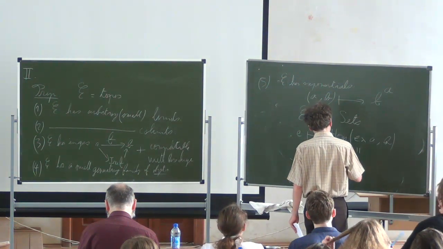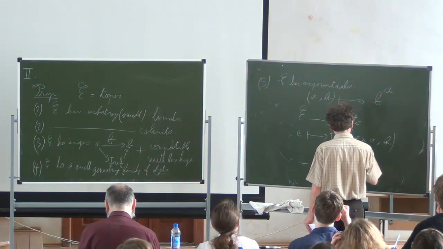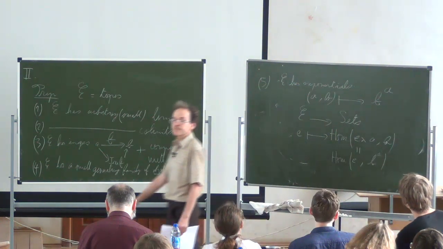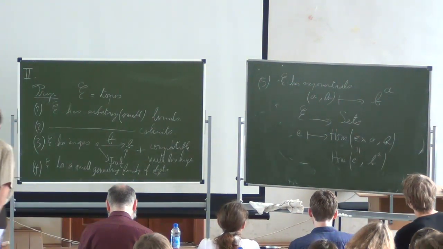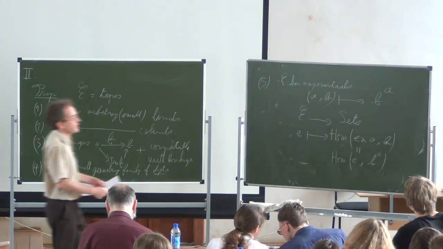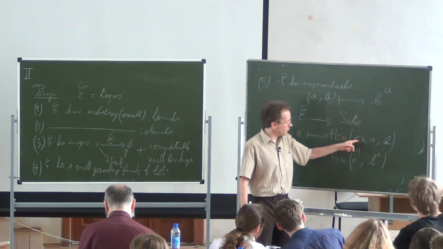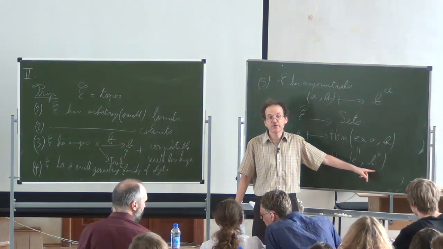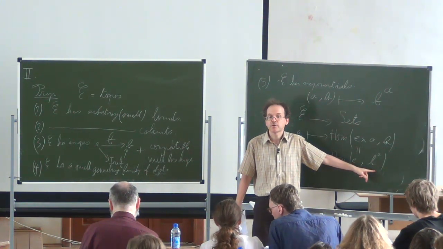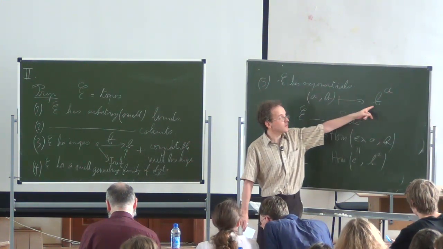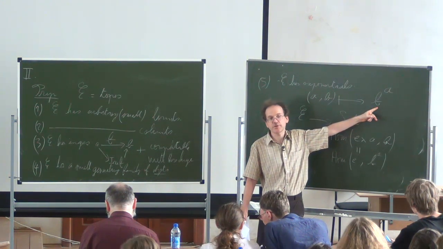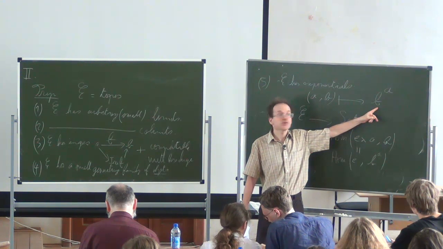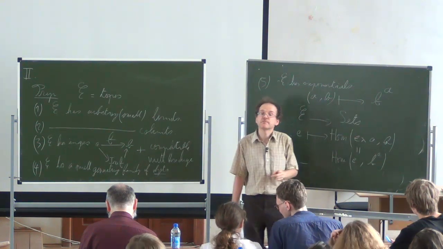So this is the set of morphisms from E to B to the power A. So the theorem is that functors of this form are always representable by objects in your topos. So this can be understood as spaces of functions from A to B.